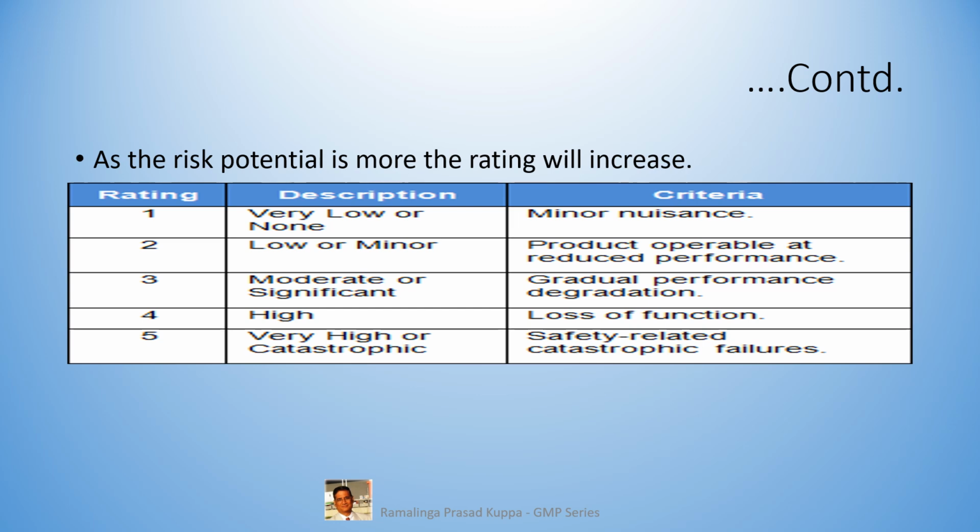Rating 3 is given for moderate or significant, where gradual performance degradation is noticed. Rating 4 is given for high, where there is a loss of function. 5 is very high or catastrophic, where safety related catastrophic failures can occur.